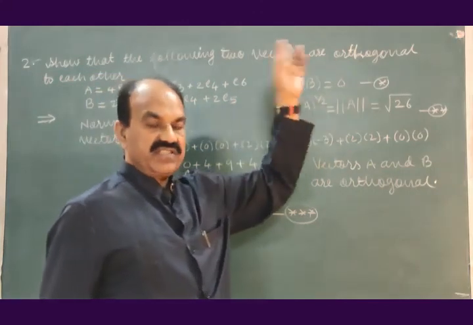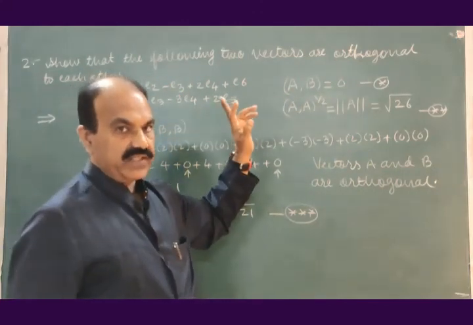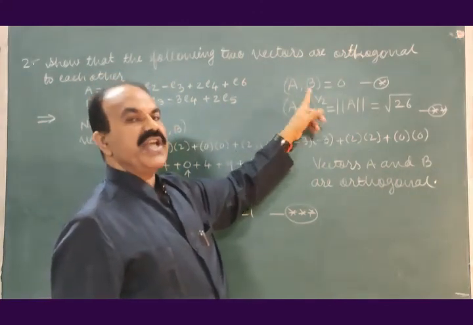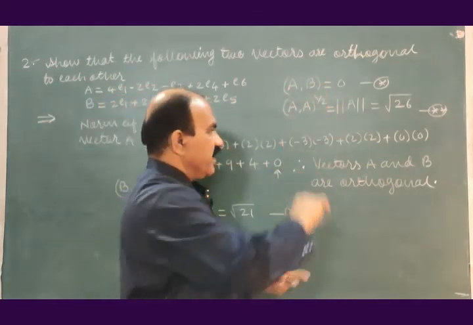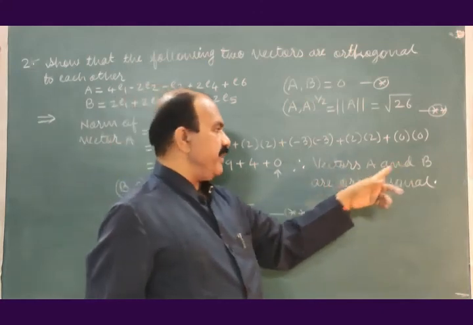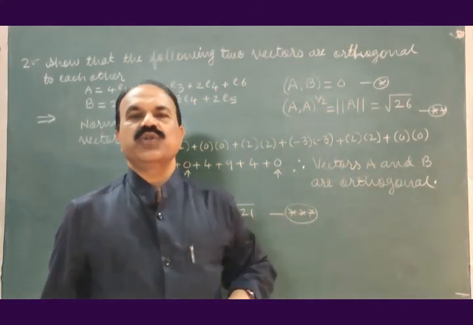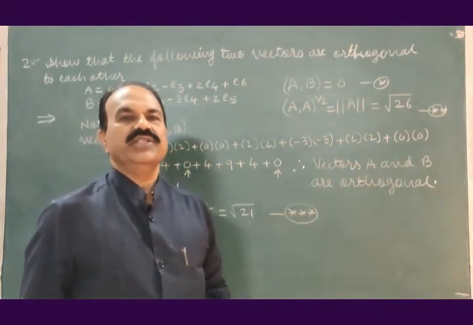From equation single star, we find that the inner product of vectors A and B is 0. Therefore, vectors A and B are orthogonal to each other.